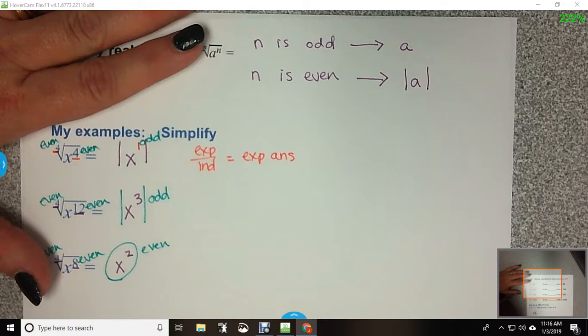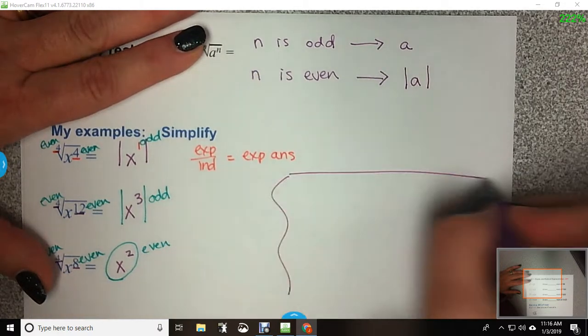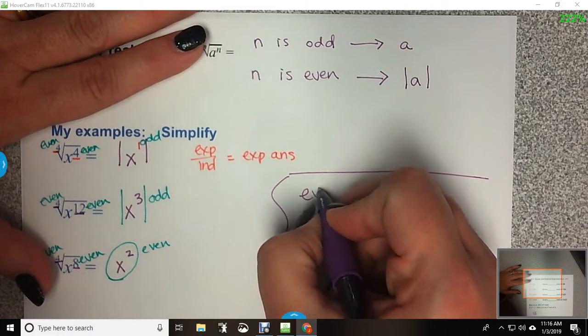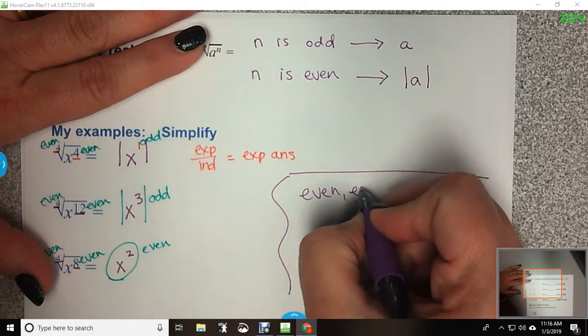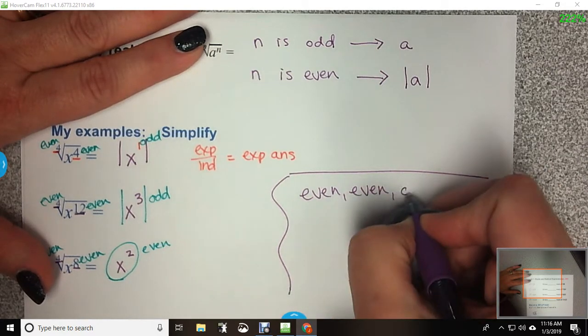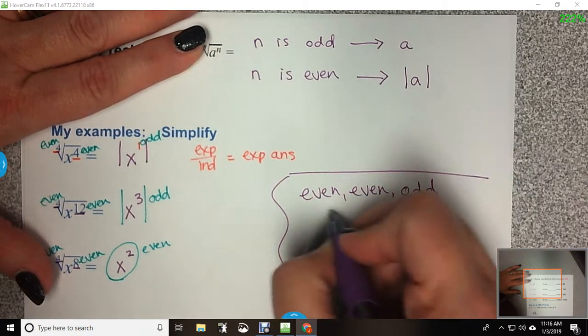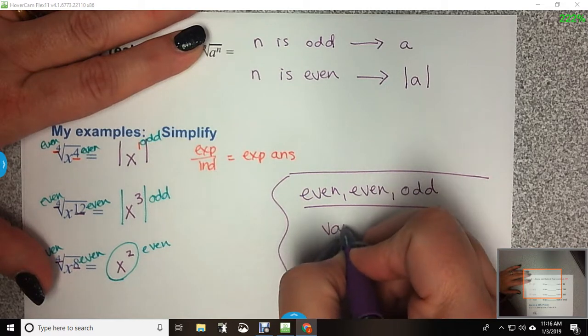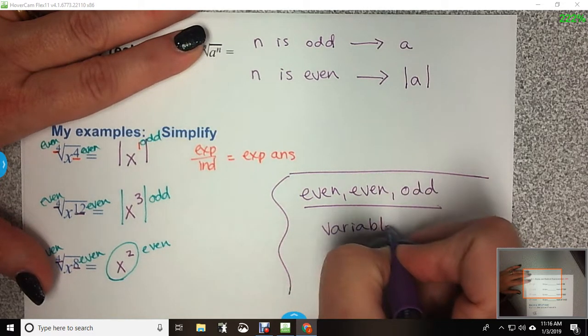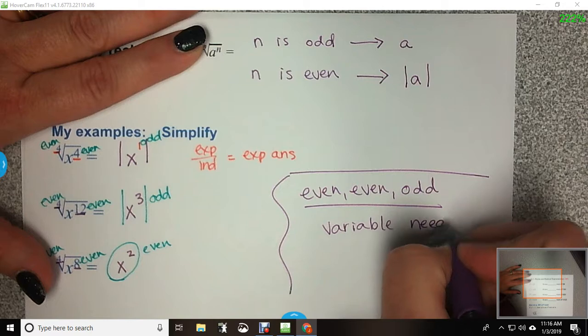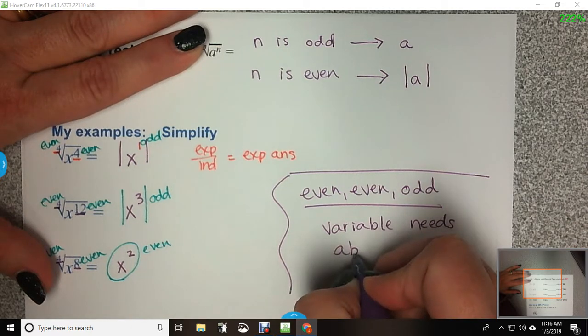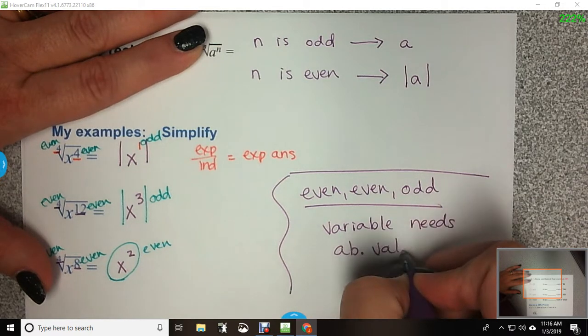So when you have even, even, odd, the variable needs absolute value.